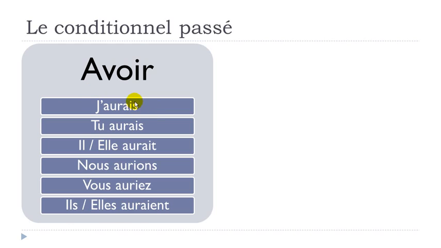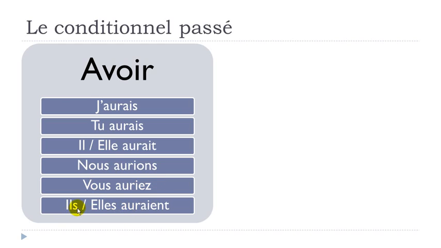J'aurais, remember, final S not pronounced. Tu aurais, same thing here, final S not pronounced. Il aurait, elle aurait, final T not pronounced. Nous aurions, liaison here, this little link. Final S not pronounced. Vous auriez, liaison here, and then EZ will go like E. Vous auriez, okay, and the last one.